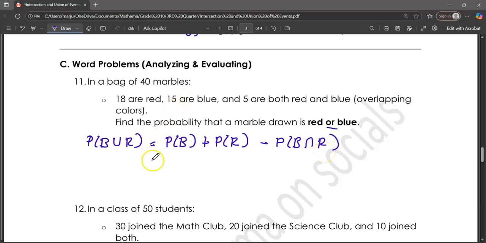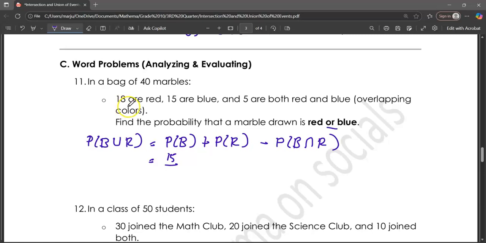So here, what is the probability of getting a blue one? That's 18, right? No, that's 15. 15 out of how many? Ilan ba lahat-lahat ito? Ilang marbles ba nandito lahat? We don't know that one yet, right? Alam ba natin ilan to lahat-lahat na marbles?